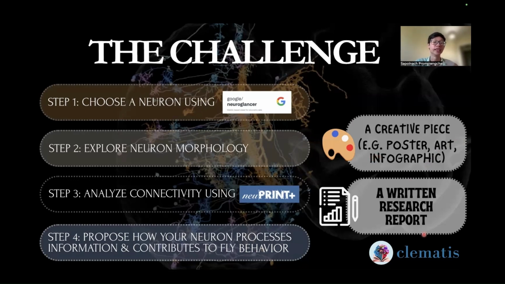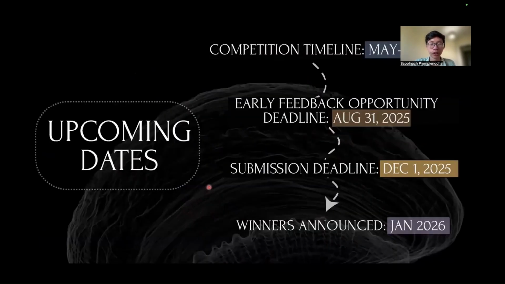The second part is you write a written research report. It'll be a 500 to 1,000 word report on a specific neuron and how you used the connectomics tools to gain new insights about how neurons contribute towards inducing a fly behavior or processing certain information. Okay, all of these are in our guide, but I want to point attention to the early feedback opportunity.